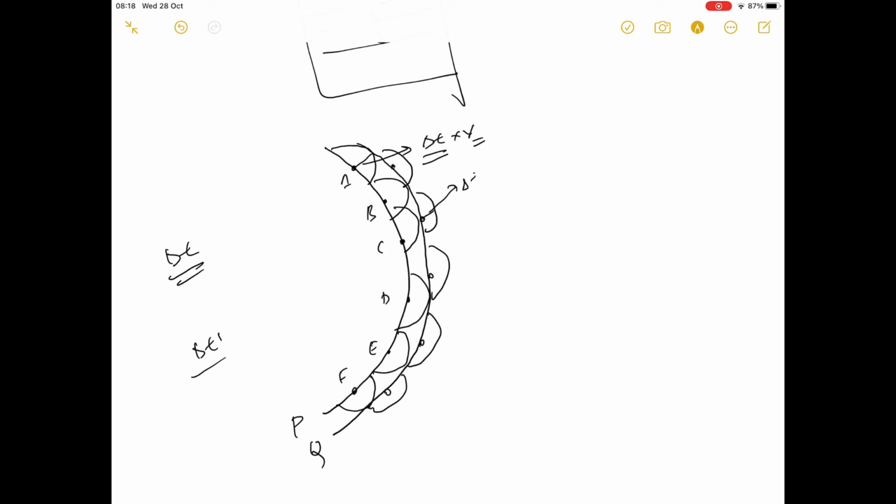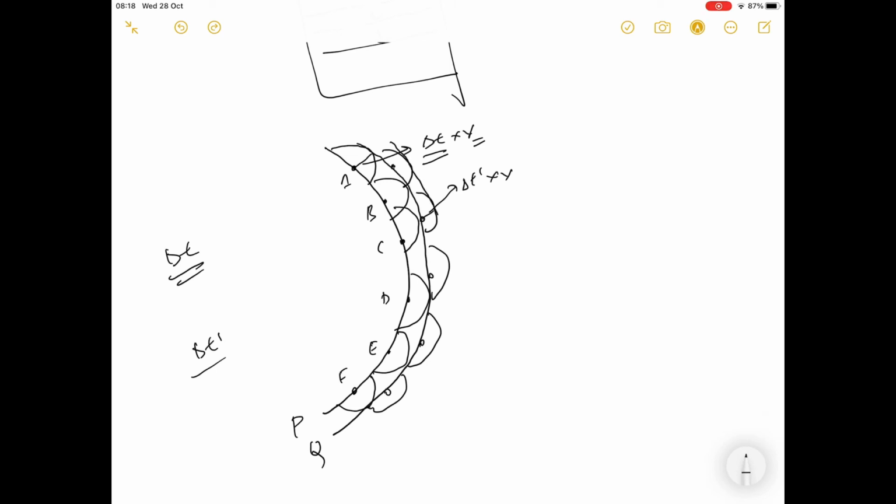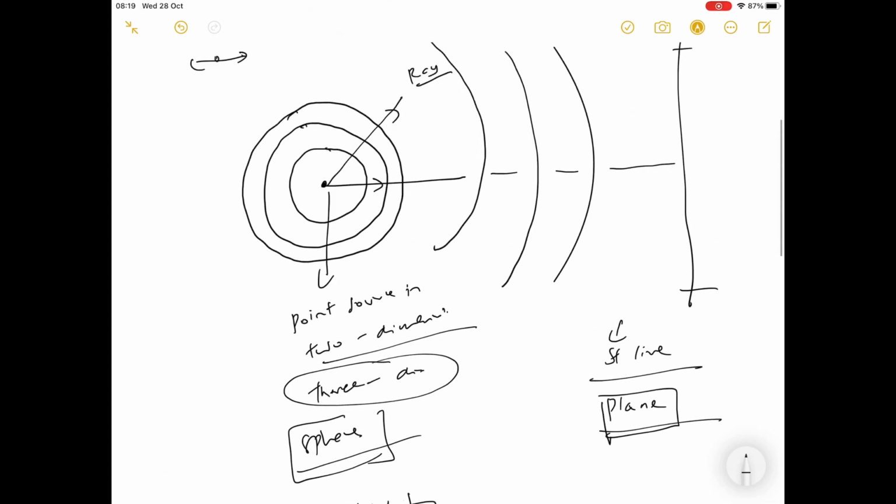This time they will have a radius of delta t prime into V, and then the envelope of those new wavefronts like this one is going to be the new wavefront. So we will apply Huygens' construction for reflection, for which we will prove angle of incidence is equal to angle of reflection, and we will also apply it to refraction, in which we will prove Snell's law.